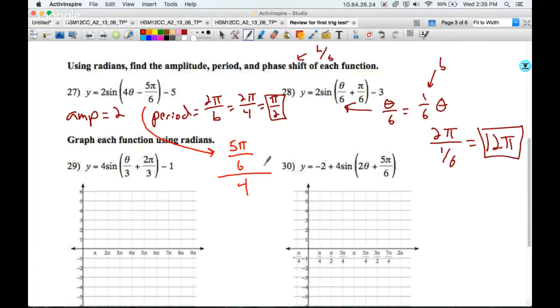Copy that, flop that, and we get a phase shift of 5 pi over 24. Since it's positive, we know that's to the right.